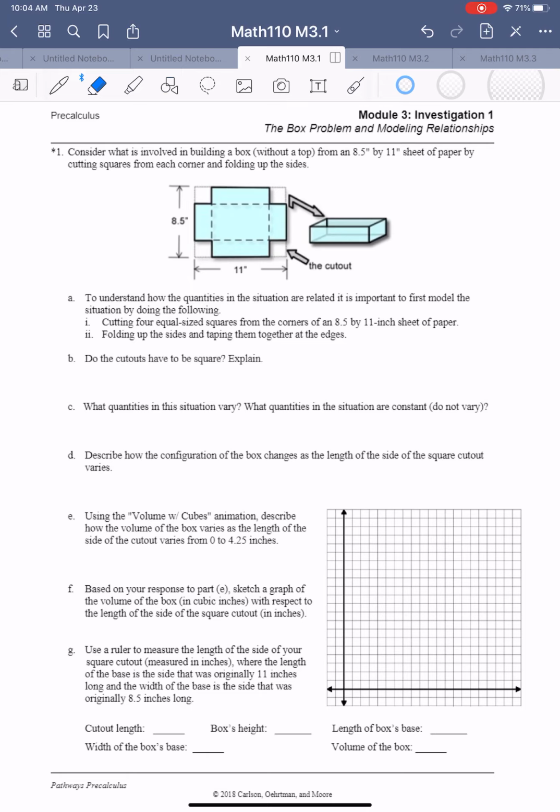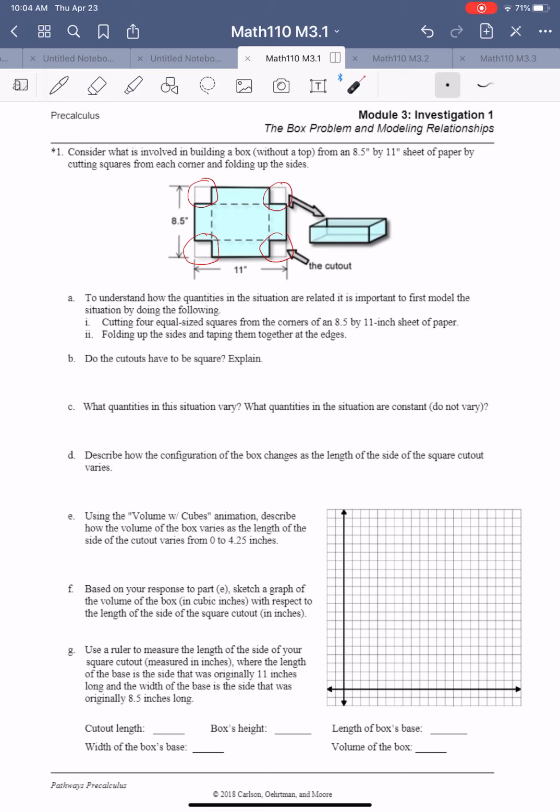If you look at the piece of paper and then how it becomes the box, the side of the whole page is 11 inches as a length. Then the pieces have been cut out at the corners, right? And then it becomes three-dimensional, which is the box we have here.